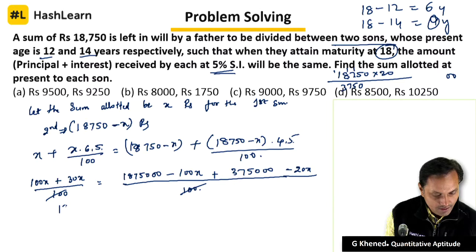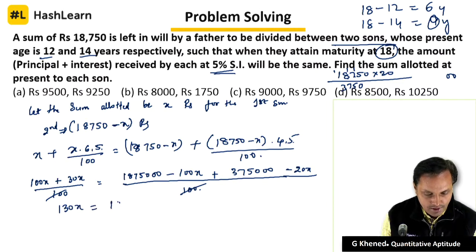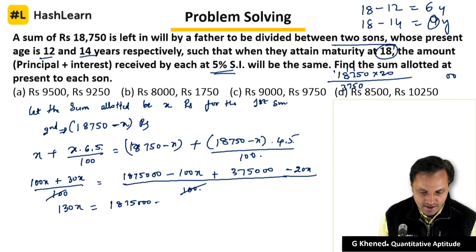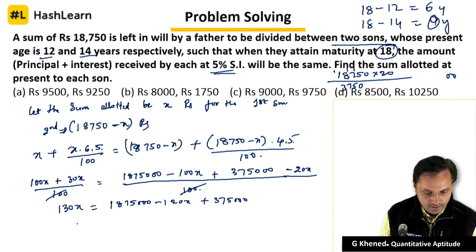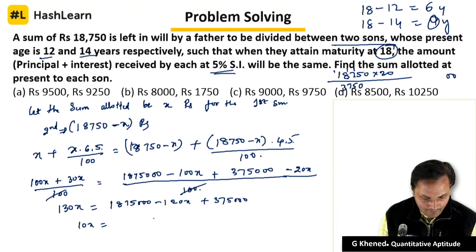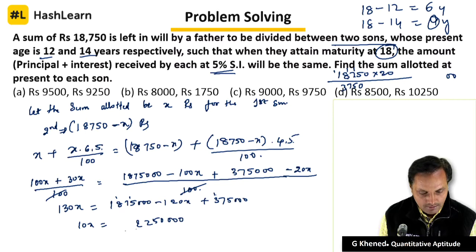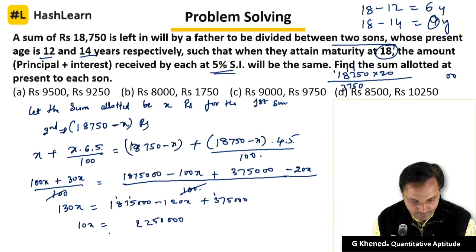This is 130x is equal to 1875000, 100 minus 20 is minus 120x plus 37500. That will be 10x is equal to 1875000 plus 37500, which is 2000.